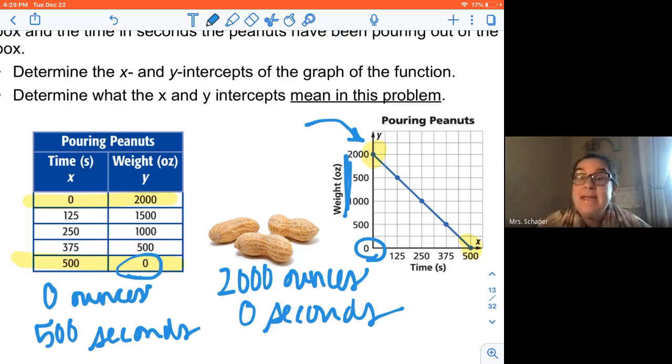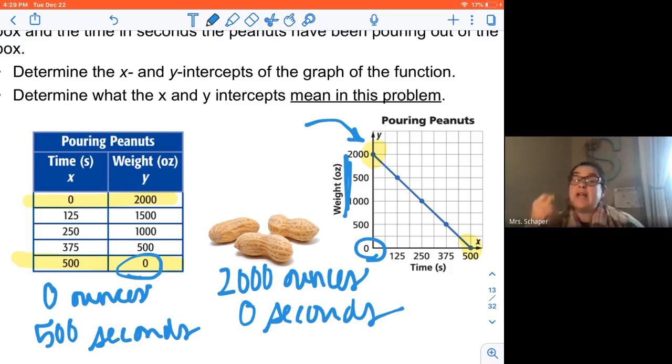Interpreting what that means applies it to the real scenario, where the y-intercept is 2,000. That means that right before they start pouring, there's 2,000 ounces of peanuts. The x-intercept says that it took 500 seconds for all of the peanuts to be poured.